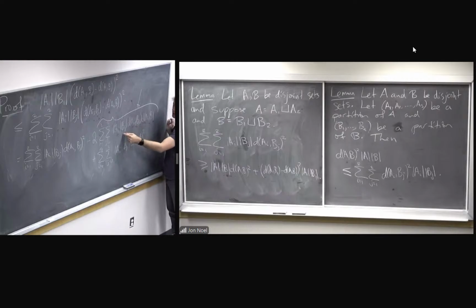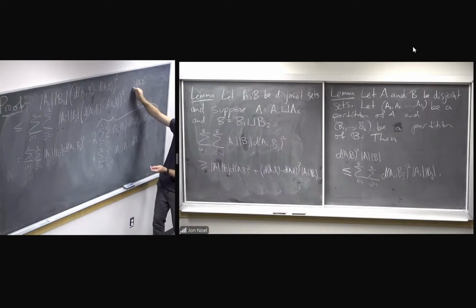So once I take this out, I'm summing over i and j and counting how many edges there are from Ai to Bj. If I sum over all i and j and count edges between them, that just counts edges from A to B. So including the 2, this is 2 times d(A,B) times the number of edges from A to B, because it's counting edges between all of the different parts, but that adds up to the number of edges between A and B.